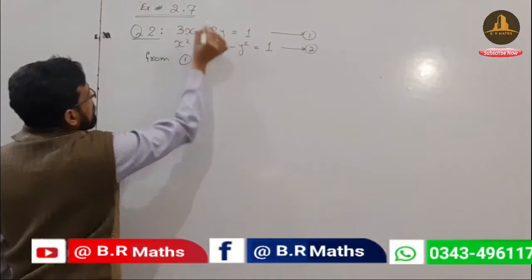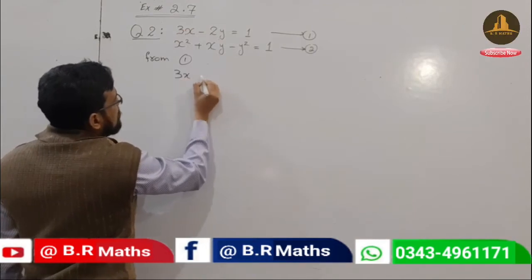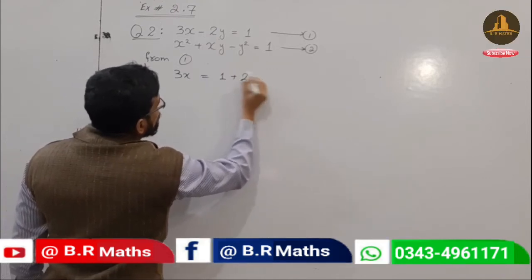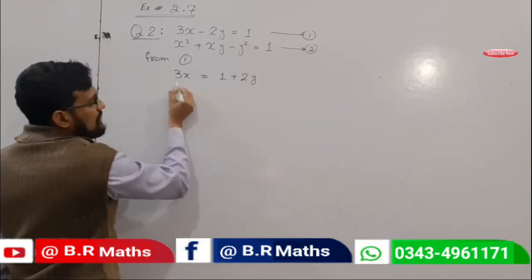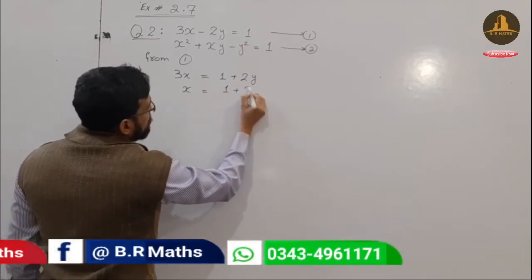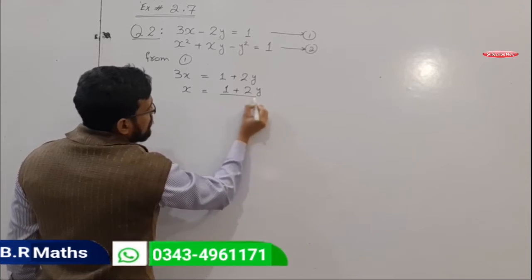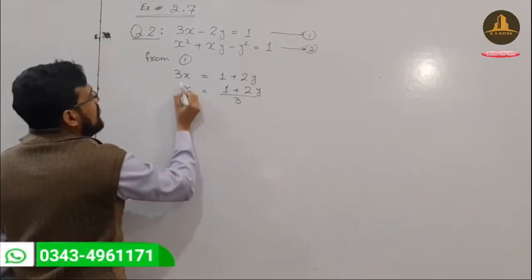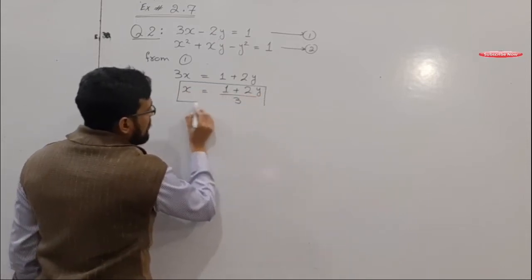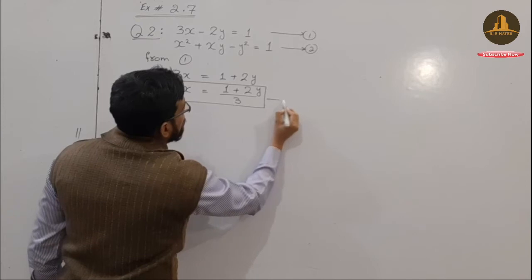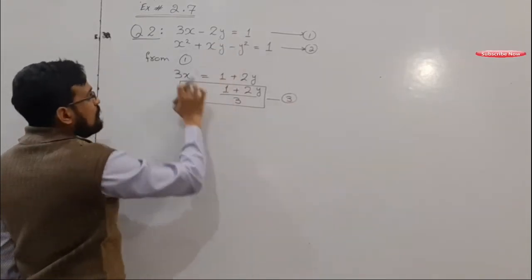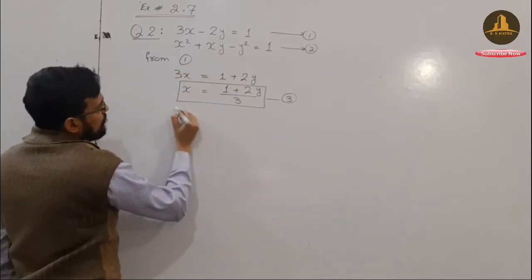First of all, find the value of x. 3x is equal to 1 plus 2y. 3 multiplied moves from left to right and becomes divide: x is equal to 1 plus 2y over 3. This is the value of x. Name it as 3 and then put it into 2. So find from 1 and put into equation 2.